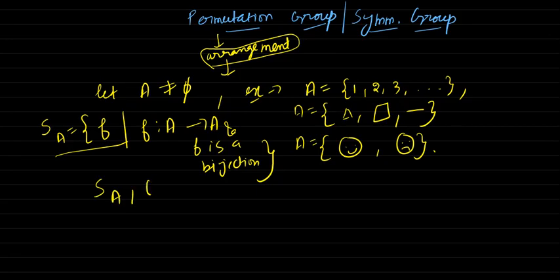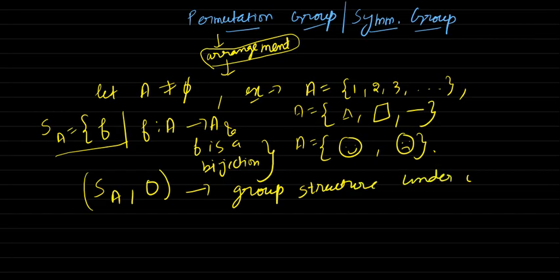And now this forms an algebraic structure, and this algebraic structure is the group structure under usual function composition. So what is the operation here? The operation is between two elements of S_A. But how do the elements of S_A look?